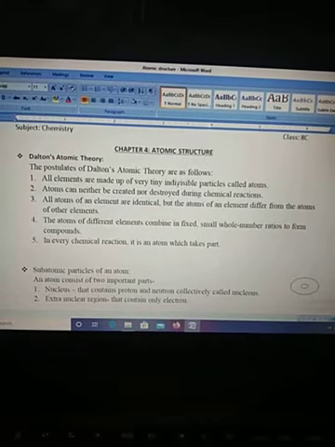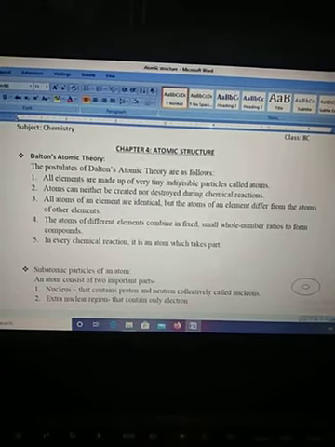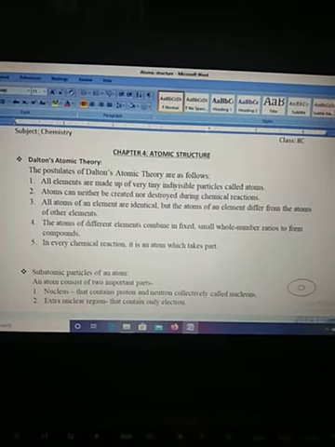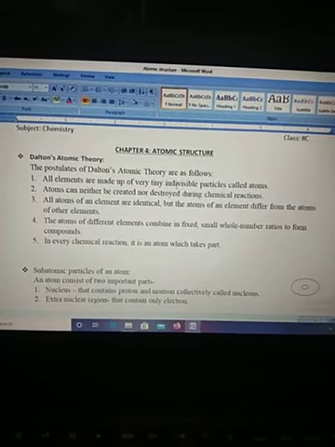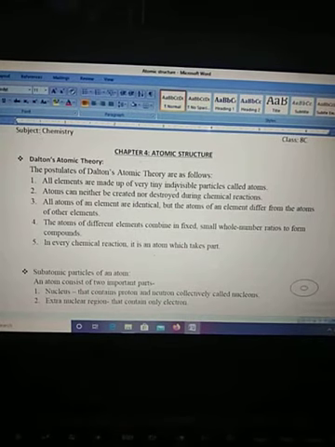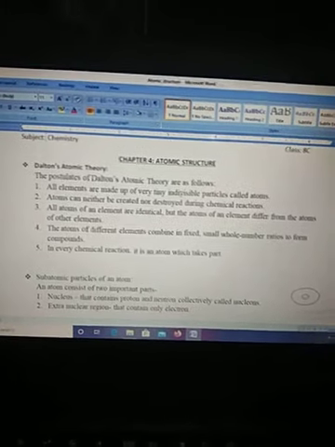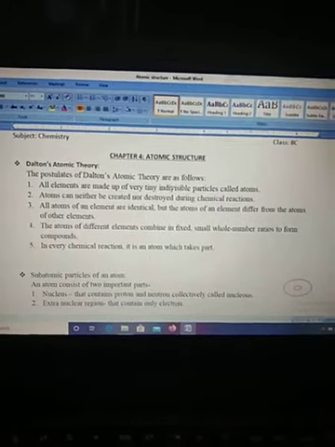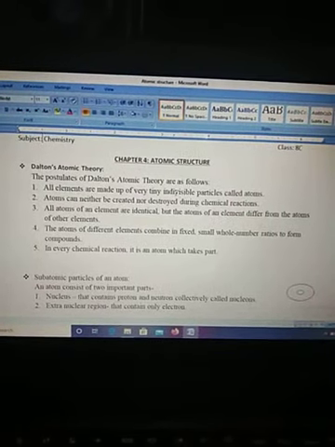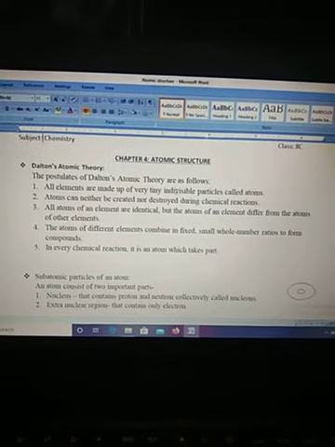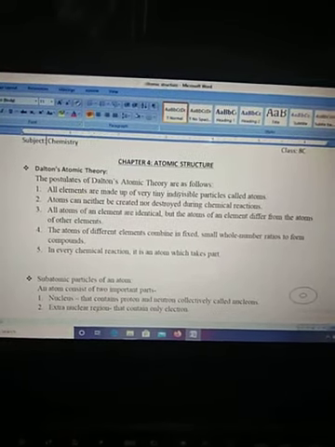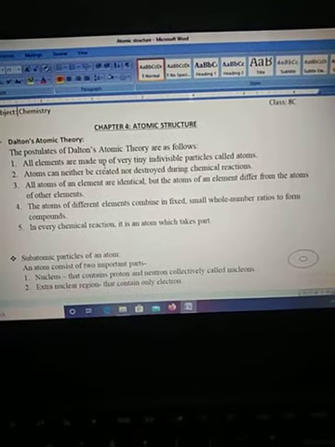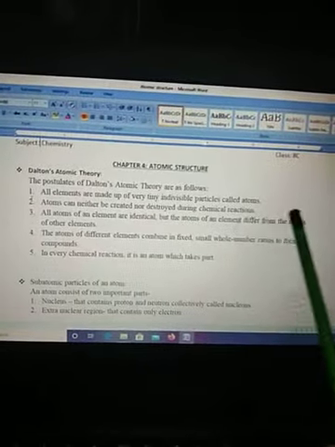First it will be in two pieces. After that I'll break it further, so you'll get four pieces. I keep on going, and at the end you'll get one small part which we can't divide further. That small indivisible particle, we call an atom. So all elements are made of very tiny indivisible particles called atoms.